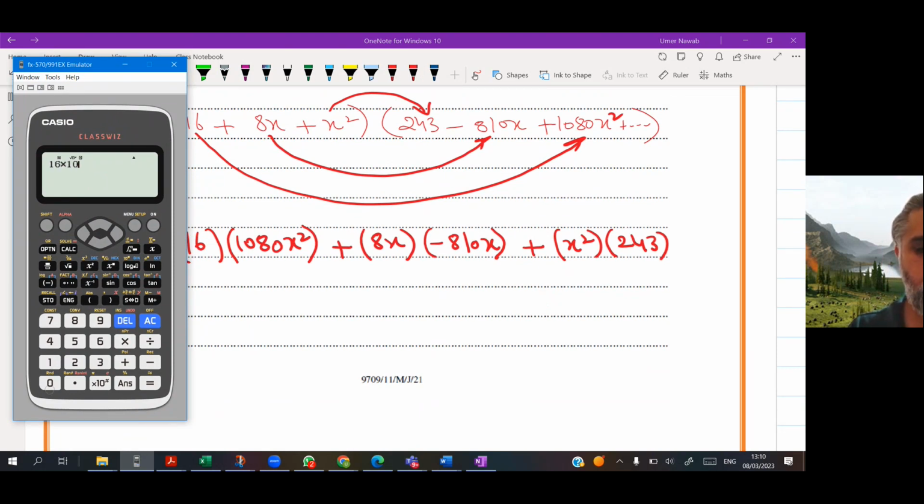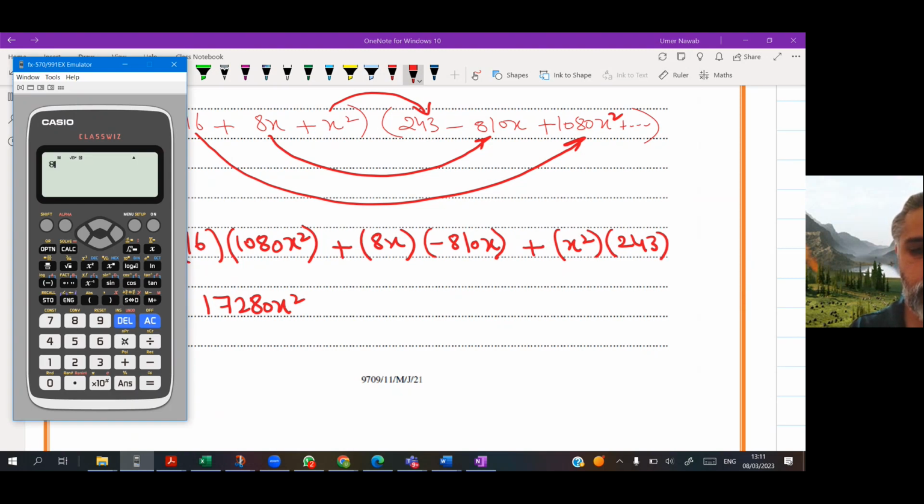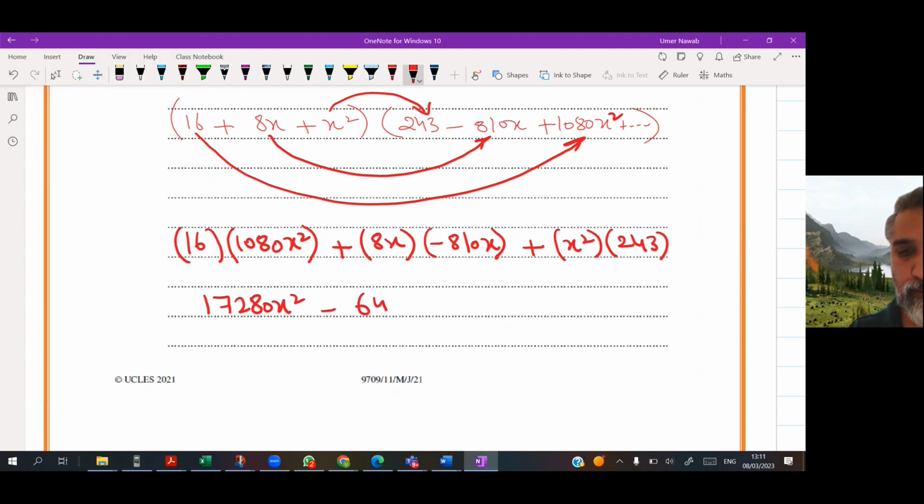16 multiplied with 1080 is 17280 x squared. 8 times 810 gives you minus 6480 x squared, plus 243 x squared.